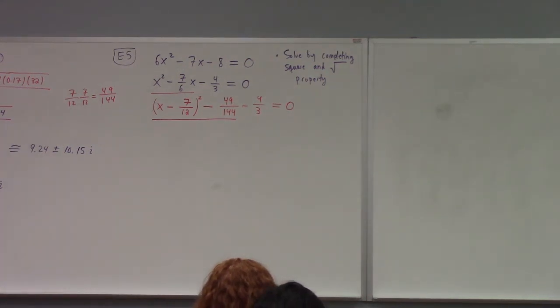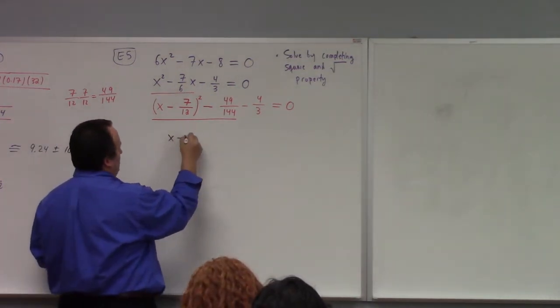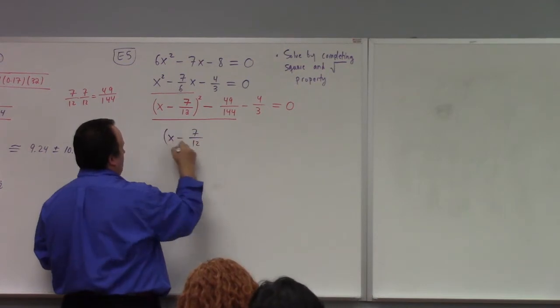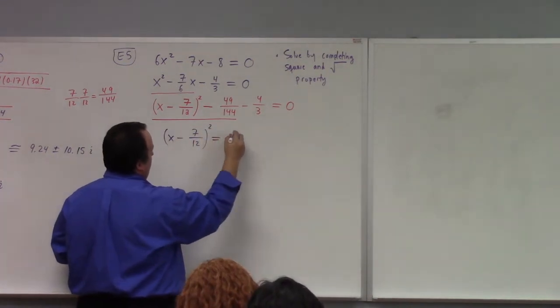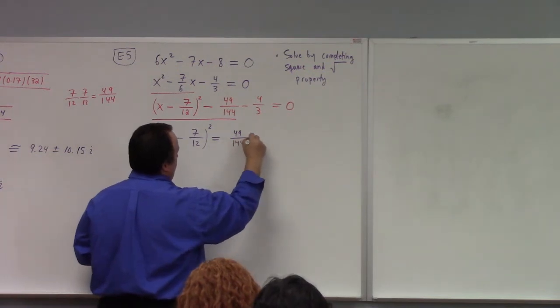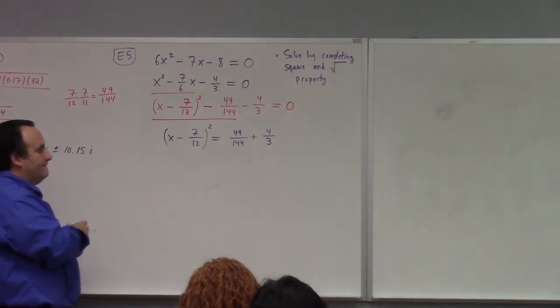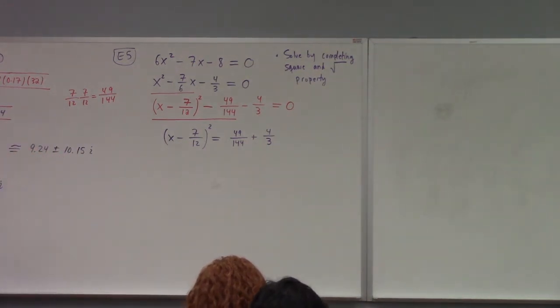All right. Now isolate the square. We have x minus 7/12 squared equals 49 over 144 plus 4/3. Yeah, I moved them to the other side, but I hear you. All right, at this point, I'm tired.